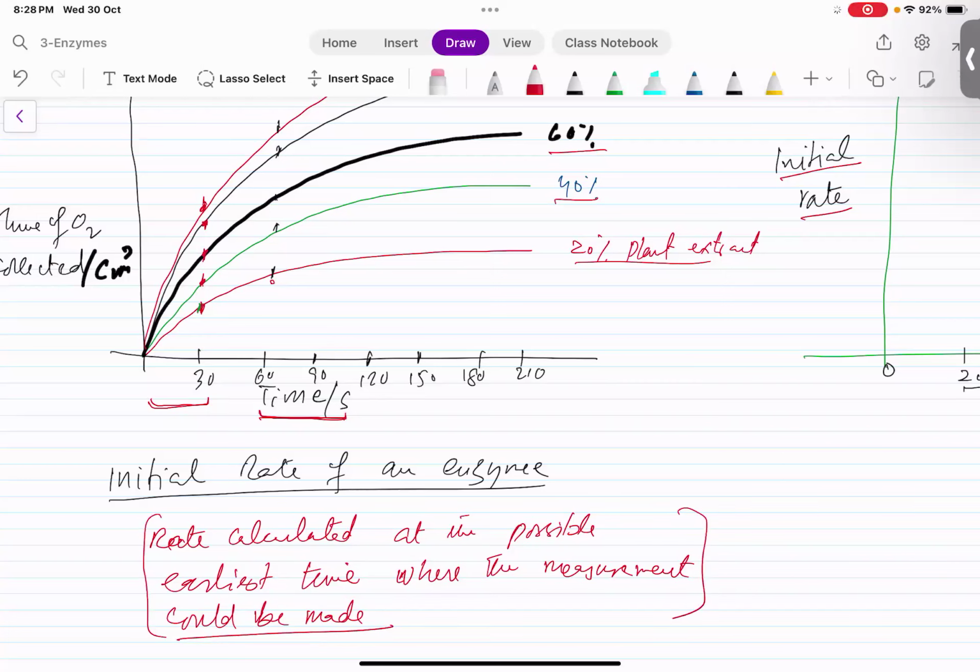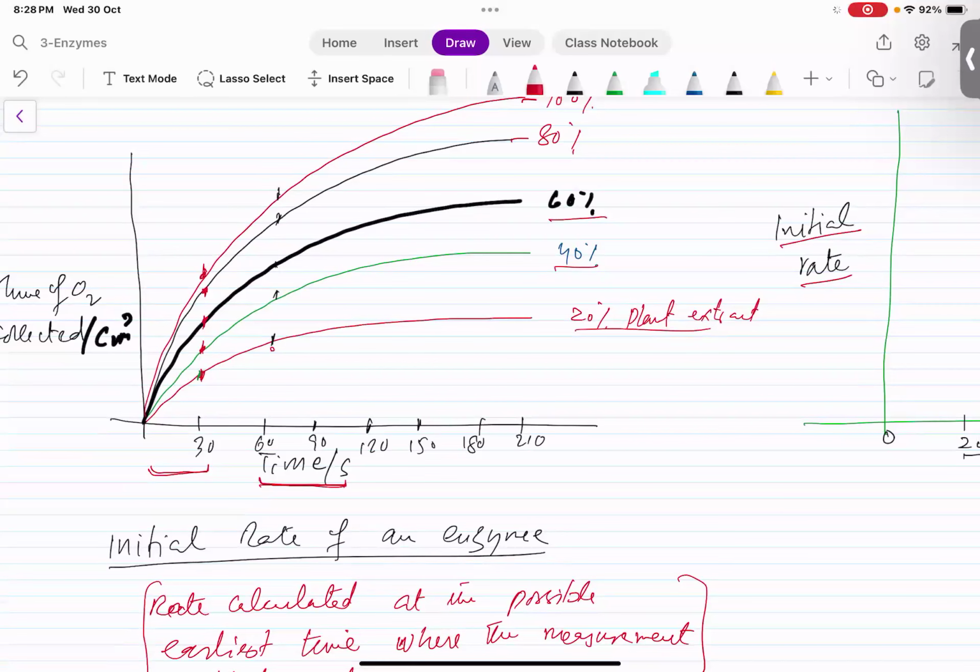You got it? So here we can measure this initial rate of enzyme action.